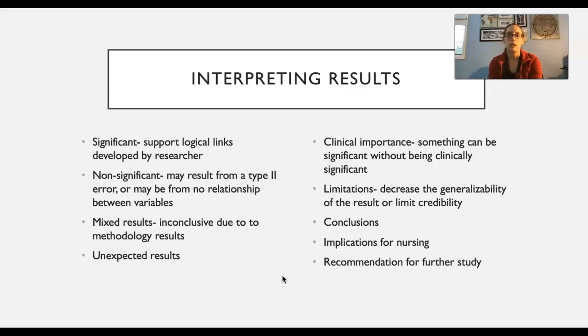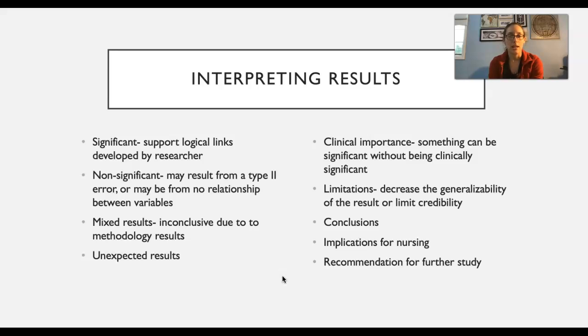If we found, let's say, a significant difference in the blood pressure of somebody taking a blood pressure medication and somebody not taking anything but exercising regularly, we may get a 2 millimeters of mercury difference between those two test groups.